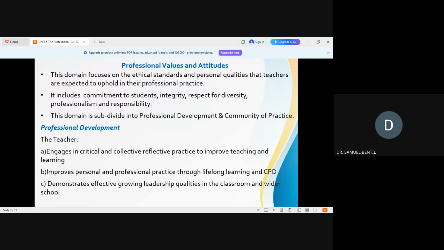They intertwine, they interconnect. It means that your values and attitude should also be in line with your professional knowledge, and these things will reflect in your professional practice. Because if you have good, sound professional knowledge, it will reflect in your professional practice.